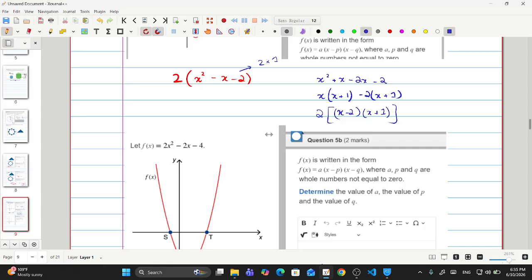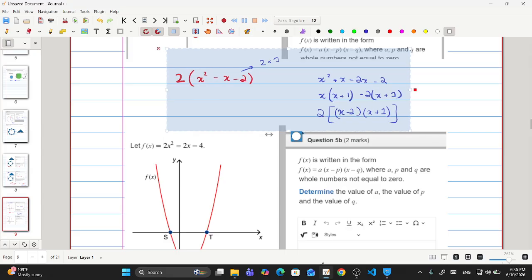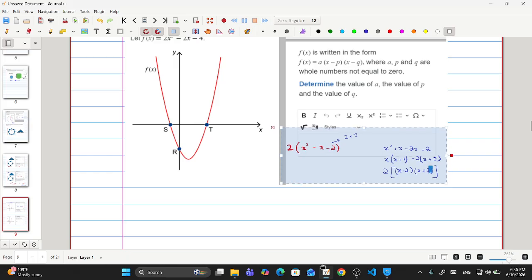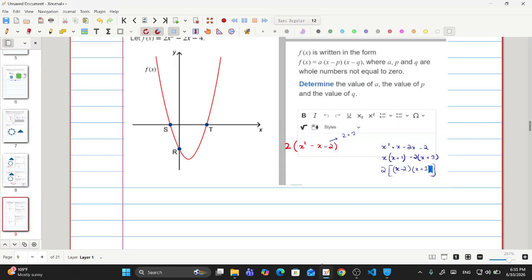Determine the value of A, the value of P, and the value of Q. Okay, we're not done with the question as of yet. Let me just move this part down. Now, one of the values is automatically supposed to be positive 2, and the other value is supposed to be negative 1, right?